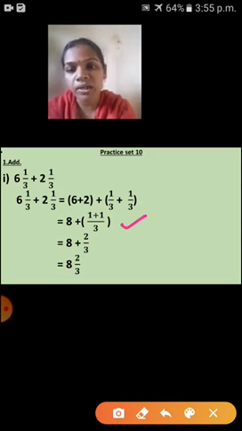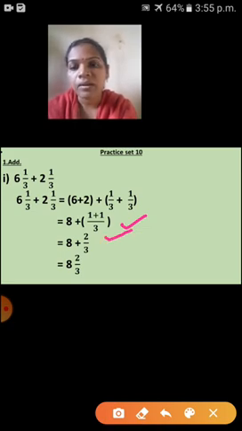Whichever denominator is there, that denominator only you have to write. So 8 plus 1 plus 1, that means numerator plus numerator upon the denominator, that means 3. The denominator you don't change, so you write 3 only, and here the numerators you have to add.